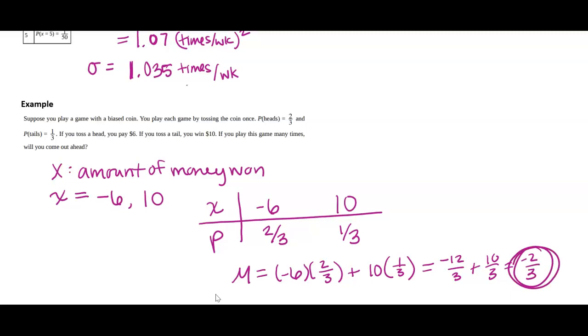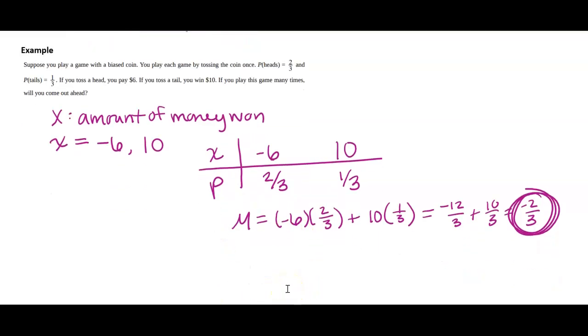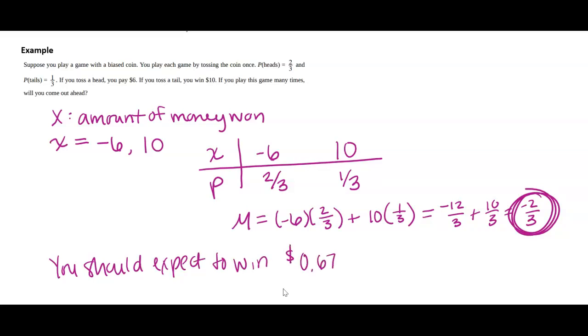So your expected winnings over time is -2/3, or about negative 67 cents, which really means we wouldn't win. We would lose 67 cents over time.